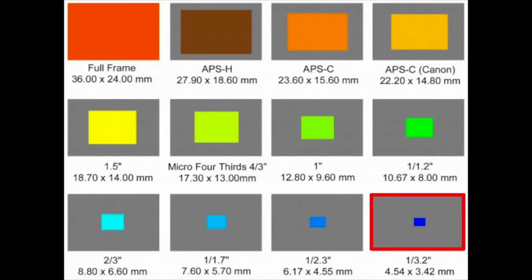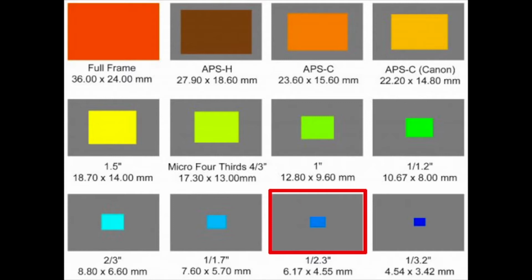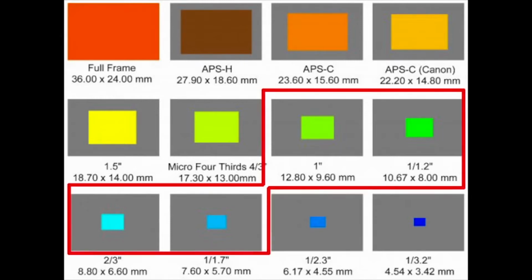Blue one on the bottom right, that's the size that you would see in most cell phones, including most iPhones. If we go up to the next box, we see the sensor that you would see in a lot of compact cameras and super zoom type cameras and underwater all-weather cameras. We see a lot of different sensor sizes, and these are going to be found in enthusiast cameras.